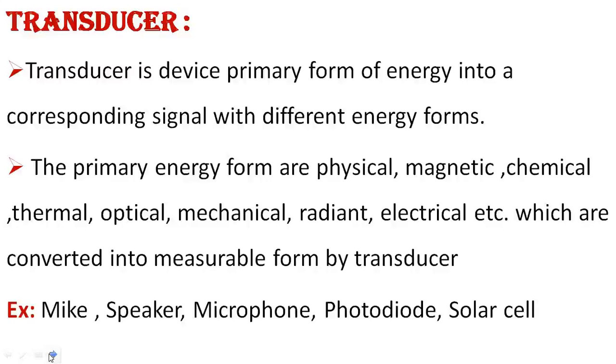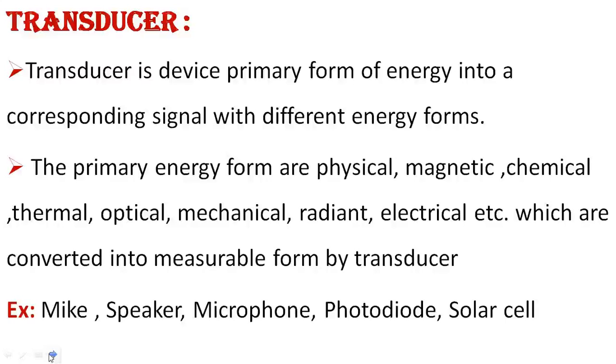The primary signal forms are physical, magnetic, chemical, thermal, optical, mechanical, radiant, and electrical, which are converted into a measurable form, mostly in electrical form in terms of current, voltage and resistance.